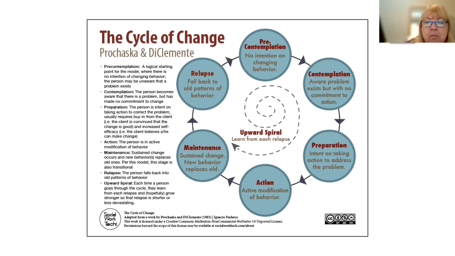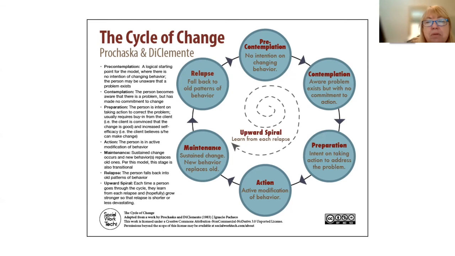The next step is called preparation, when the person has decided they want to take action, and maybe something else has happened to make them move that step on a bit further. So at this point, the person needs to believe that the change is good, and they need to believe that maybe they can do it.